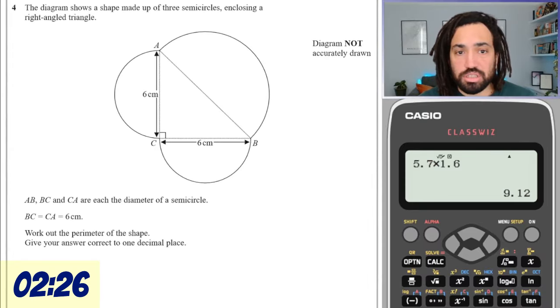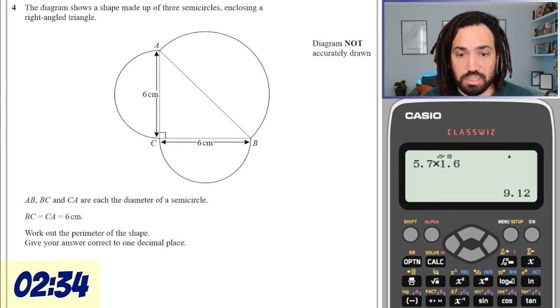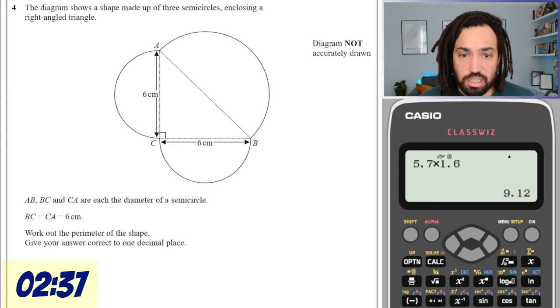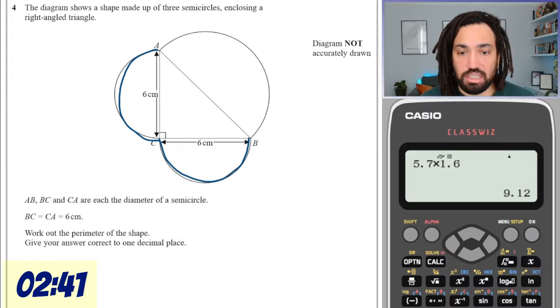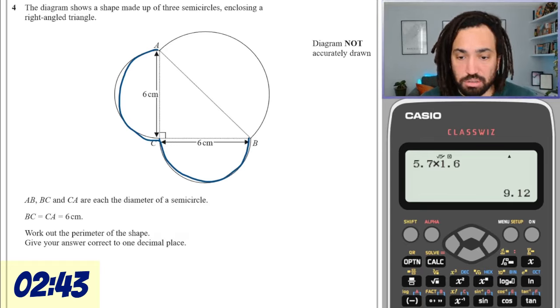The diagram shows a shape made up of 3 semicircles and a triangle. Okay, work out the perimeter of the shape. So this arc is going to be exactly the same as that arc, and together they're going to make a whole circle, which is 2 pi r.